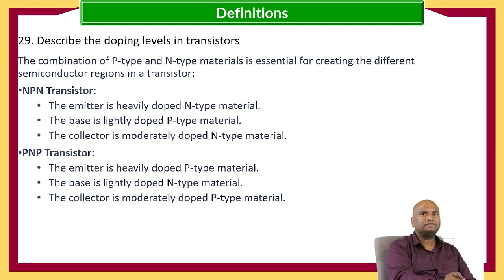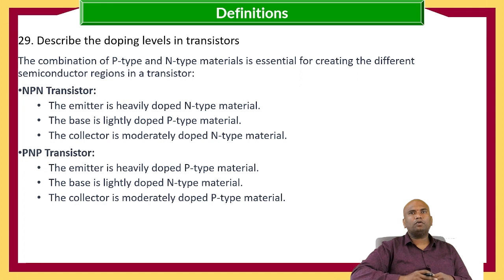In a PNP transistor, the emitter is heavily doped p-type material, the base is lightly doped n-type material, and the collector is moderately doped p-type material. So based on these doping levels, the conduction in the layers changes.